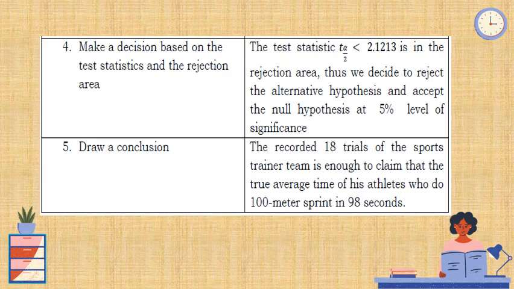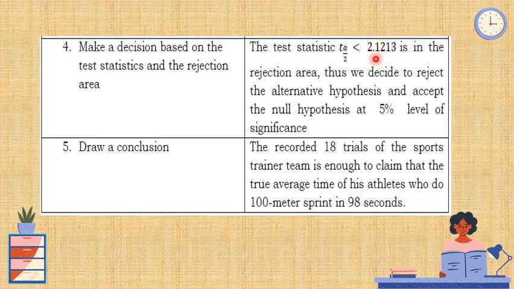Okay, for our step number 4, make a decision based on the test statistics and the rejection area. So, the T sub alpha over 2 is our critical value. This is what we got, 2.110 or 2.111.